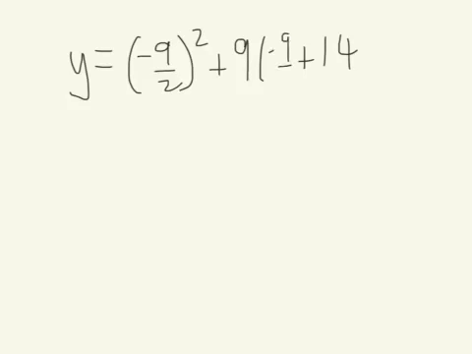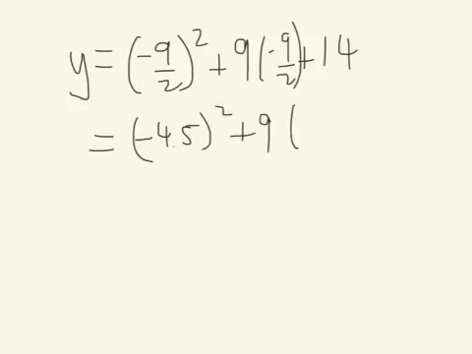The other thing you're probably thinking is, negative 9 over 2, isn't that an easy decimal number? Yes, it is. And if it is an easy decimal number, just go for it. So negative 4.5 squared plus 9 times negative 4.5. Don't forget your signs, okay? Plus 14.